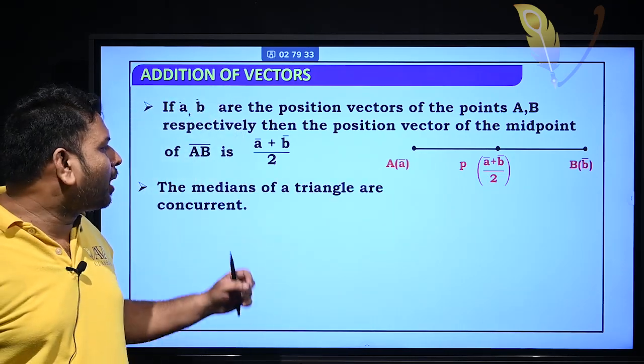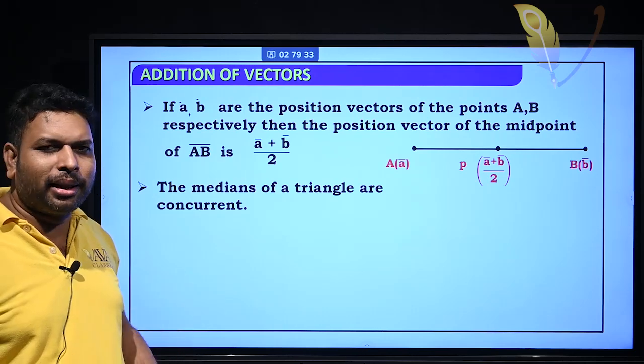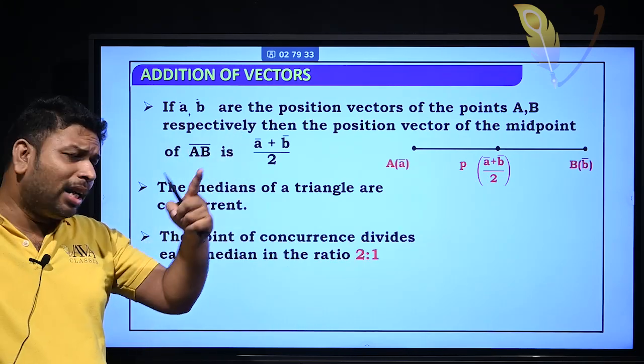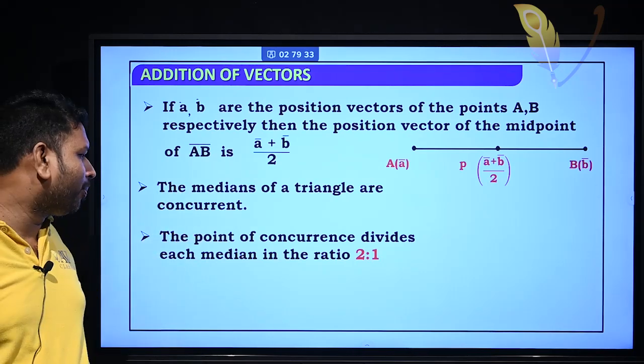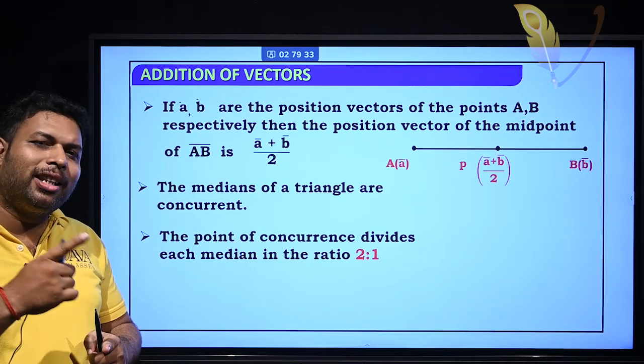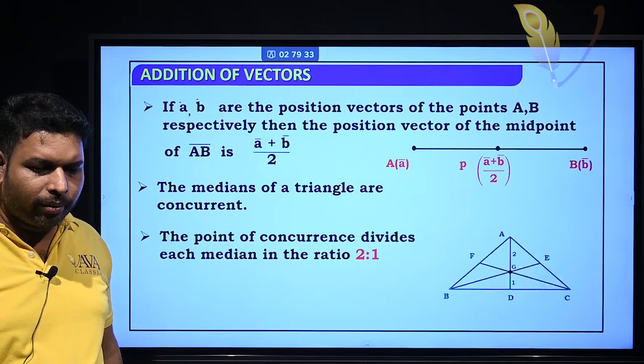The medians of a triangle are concurrent. That we know in coordinate geometry and also in vector algebra. The point of concurrence divides each median in the ratio 2 is to 1.